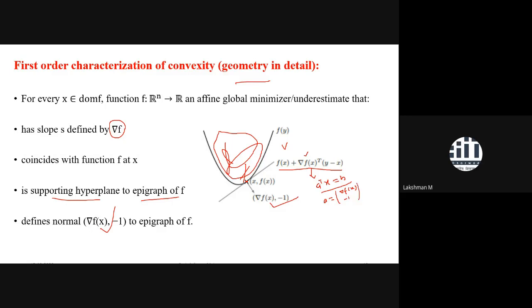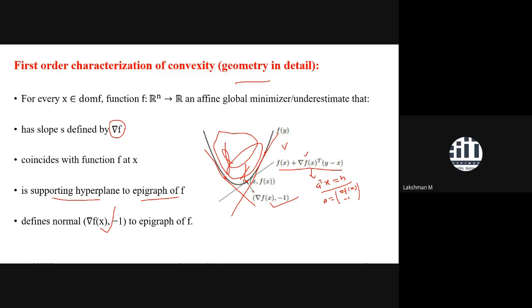So if your function happens to be convex, at every point you can always find a global underestimator. If you are here, again you can find a global underestimator. The global underestimator would be your tangent hyperplane at that point. So at every point you are getting a global underestimator of the function as a tangent hyperplane.